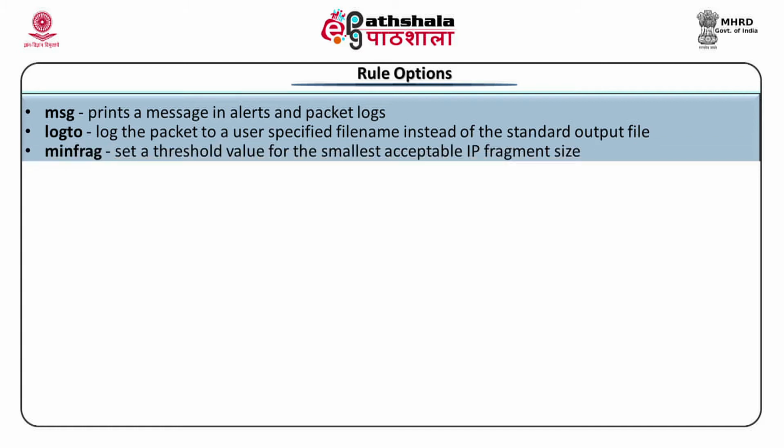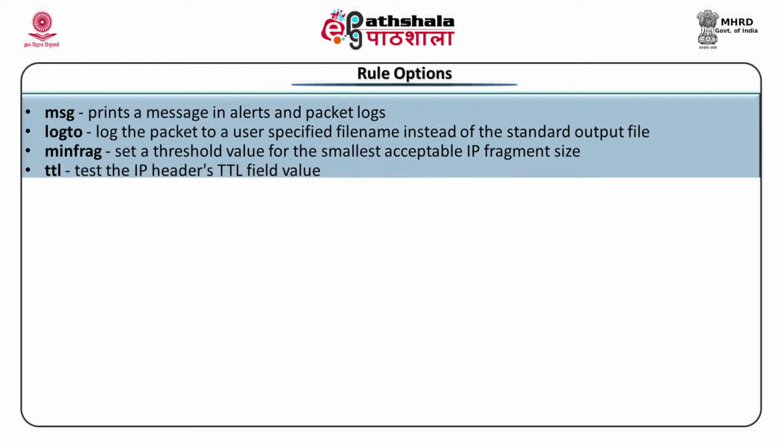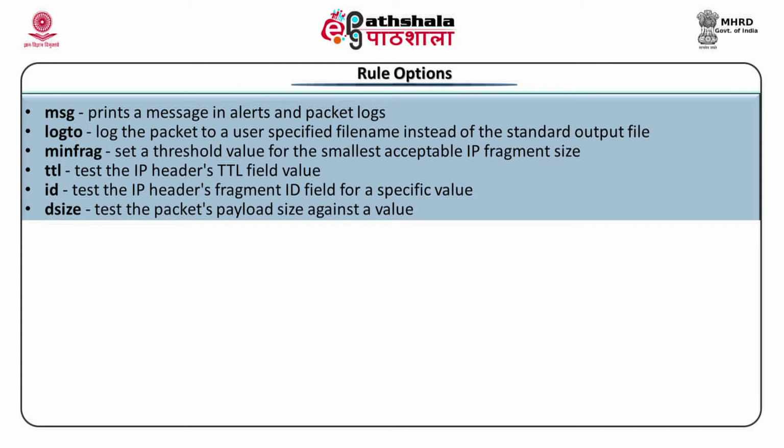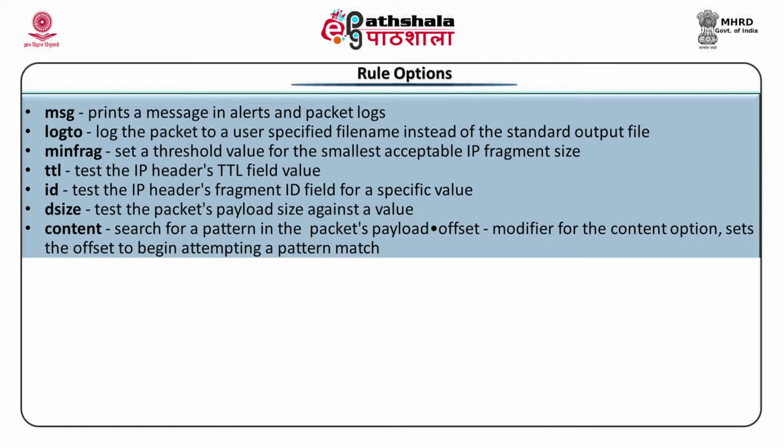Rule options form the heart of Snort's intrusion detection system. There are certain keywords, 15 rule options, which are given by the colon. Rule options are MSG that prints a message in alerts and packet logs, log2 that says log the packets to a user specified file name instead of the standard output file.